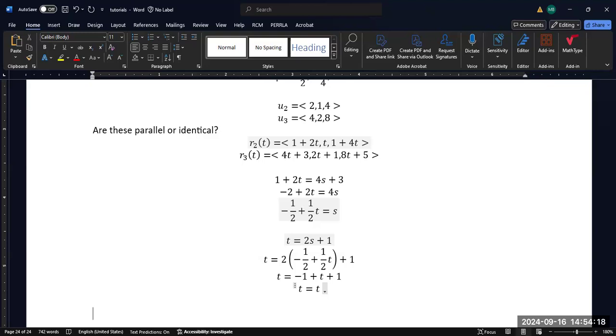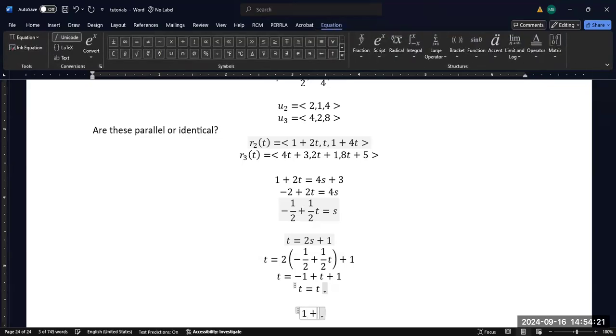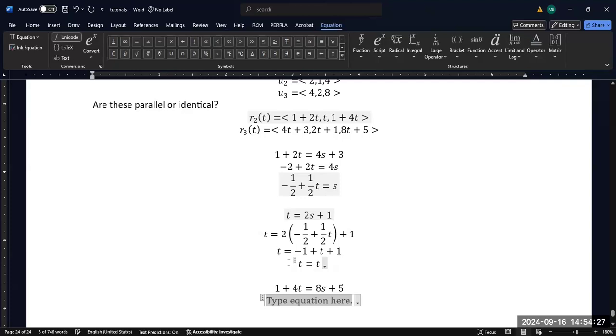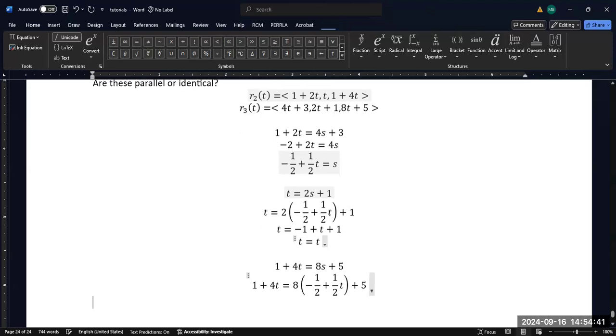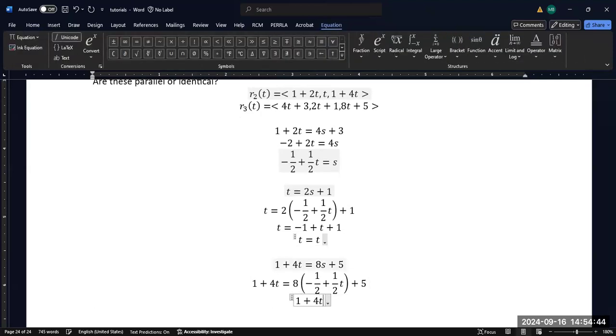So now let's try our last component. 1 plus 4t is equal to 8s plus 5. And again, we'll try the same trick. 8 times (-1/2 plus 1/2 t) plus 5. 1 plus 4t on that side is going to be equal to -4 plus 4t plus 5, which is going to become 1 plus 4t.